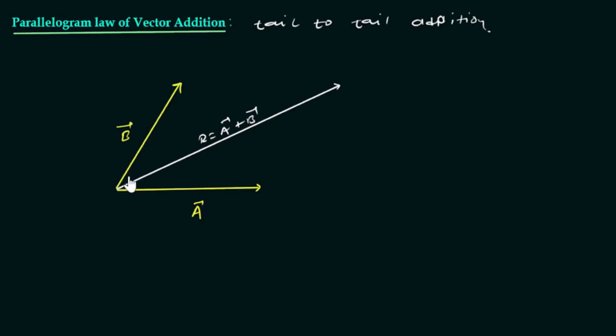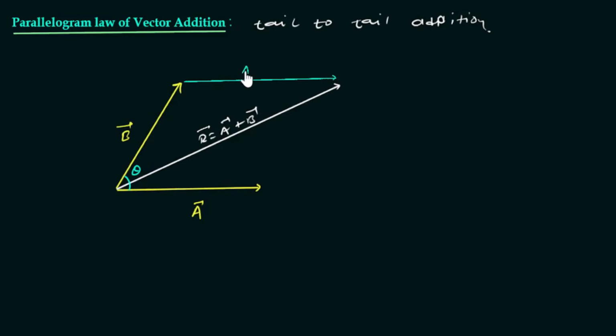Now let us have the angle theta between both the vectors. Now I want to find how the vector addition of A and B is defined in terms of this theta. So consider a parallelogram like this.